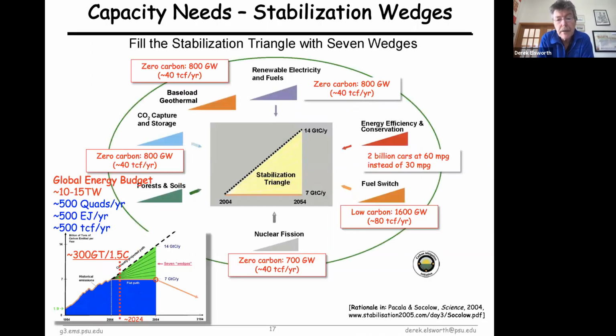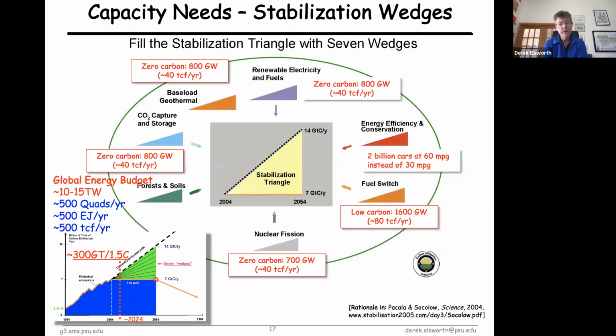And so each one of these stabilization wedges, you could get there by any of a number of different ways. There happen to be 7 on here, and there's 7 wedges, but that's not really the point. Each one of these wedges you could get by doing a variety of things.